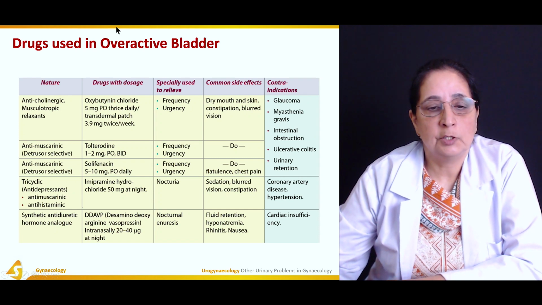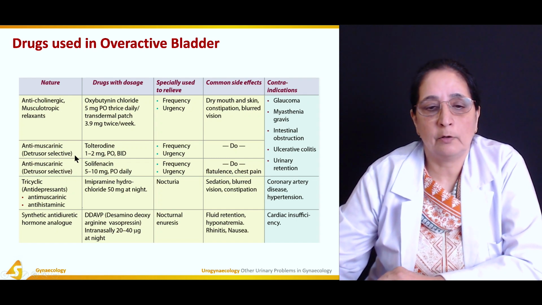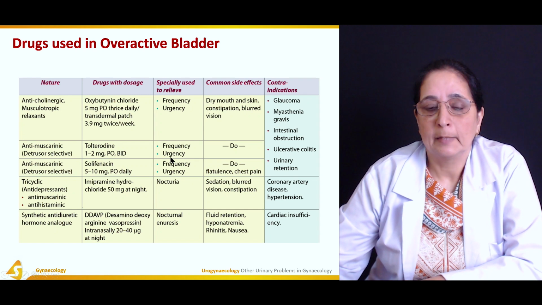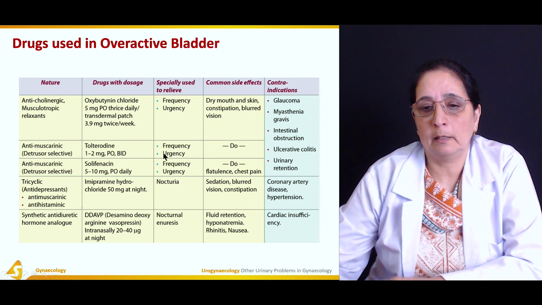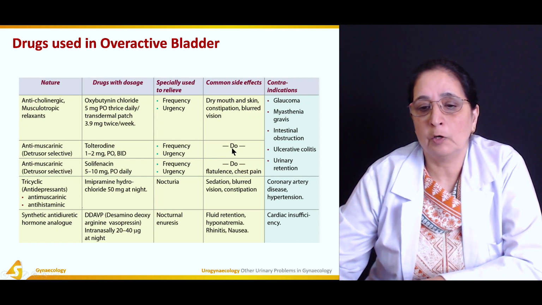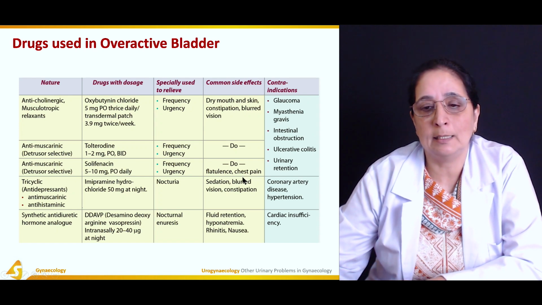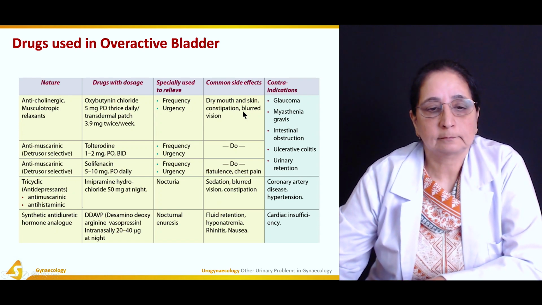Then other drugs used are anti-muscarinic drugs, which are tolterodine 1 to 2 milligram orally twice a day. Again, for urgency and frequency, with the same side effects like dryness of the mouth, dry skin, constipation, and the contraindications are the same: urinary retention, intestinal obstruction, myasthenia, and glaucoma.